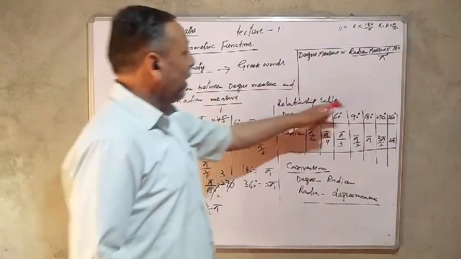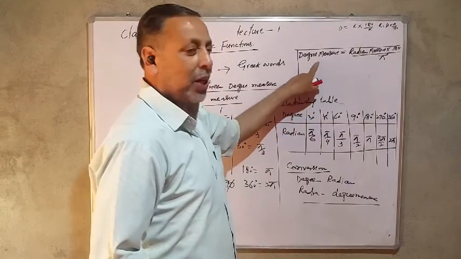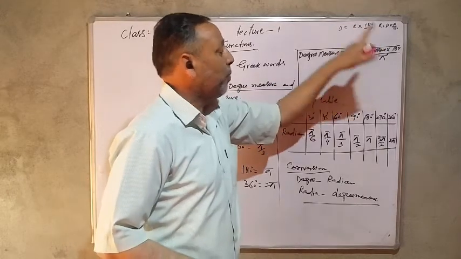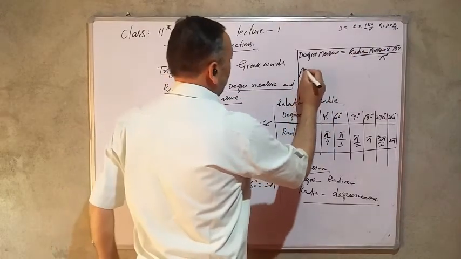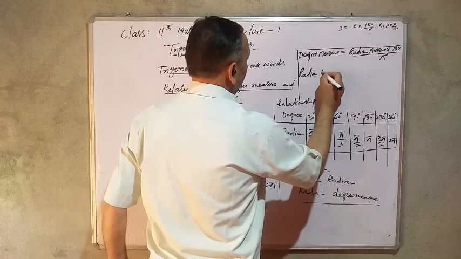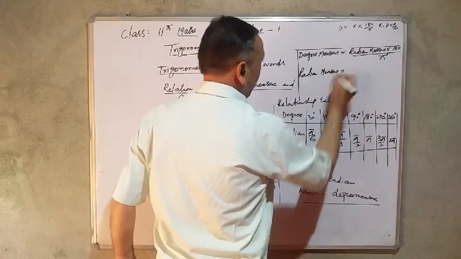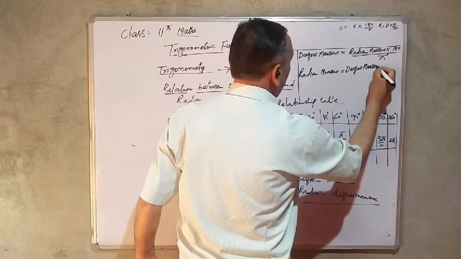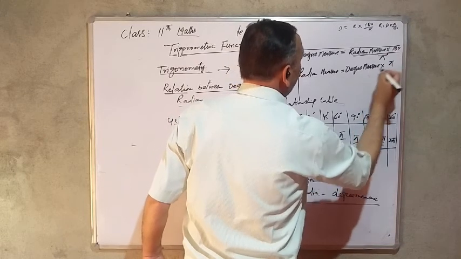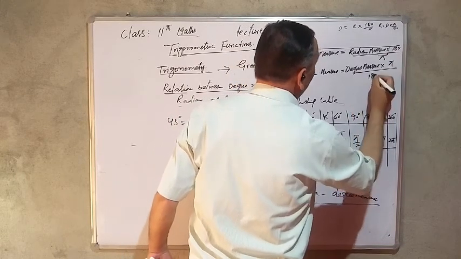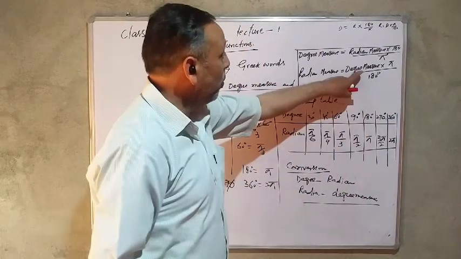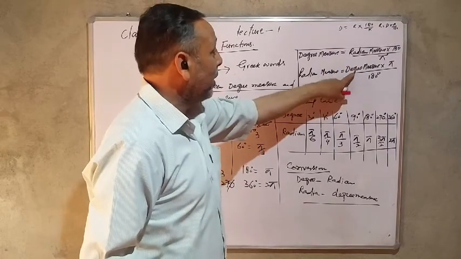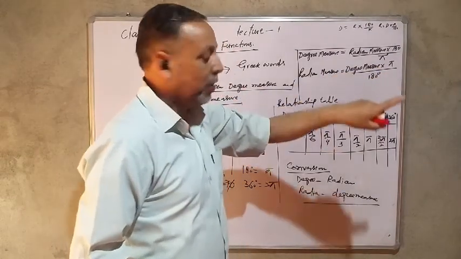यानी ये फार्मूला तब लगेगा जब आपने रेडियंस को डिग्री में बनाना होगा. Degree measure is equal to radian measure into 180 by pi, and radian measure is equal to degree measure into pi by 180. जब आपने डिग्रीज को रेडियंस में कन्वर्ट करना होगा, तो फार्मूला लगेगा डिग्री मेजर इनटू पाई बाय 180.